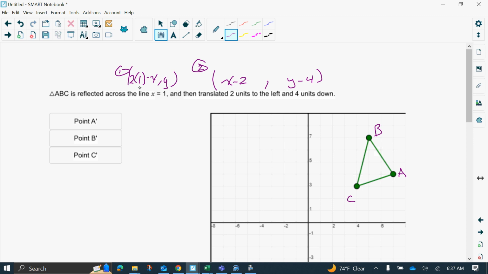Well, so what are our coordinates? Well, A is at 7, 4. B is at 5, 7. And C is at 4, 3.